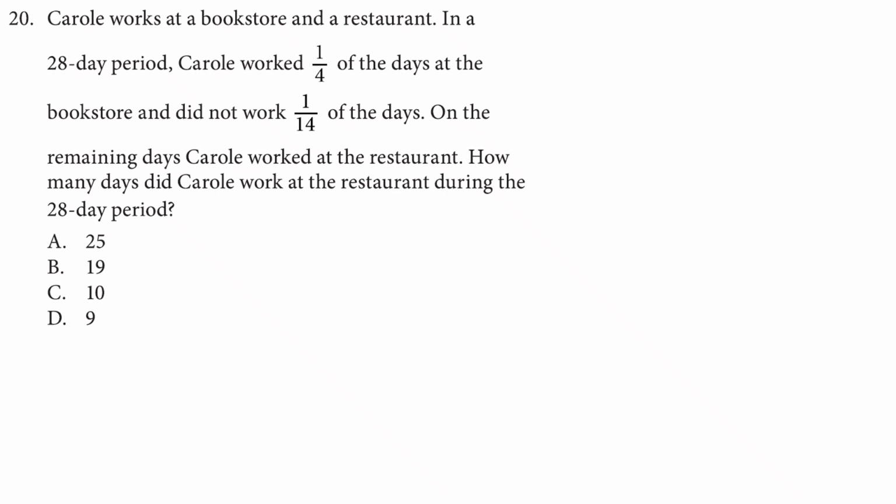So we know that this is a 28-day work period. We know 1/4 of those days was worked at a bookstore, and we know 1/14 of the days she didn't work at all. So we need to figure out how many days she worked at the restaurant.